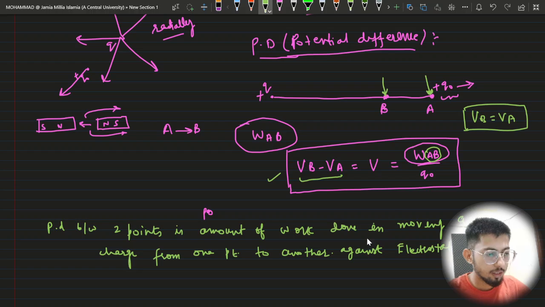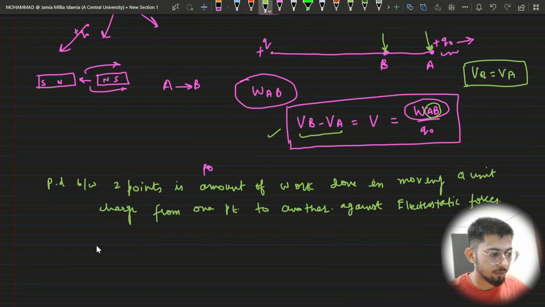Now let us see what the SI unit is. You can see this is work, this is charge. What is the SI unit of work? Joules. And what is the SI unit of charge? Coulomb.